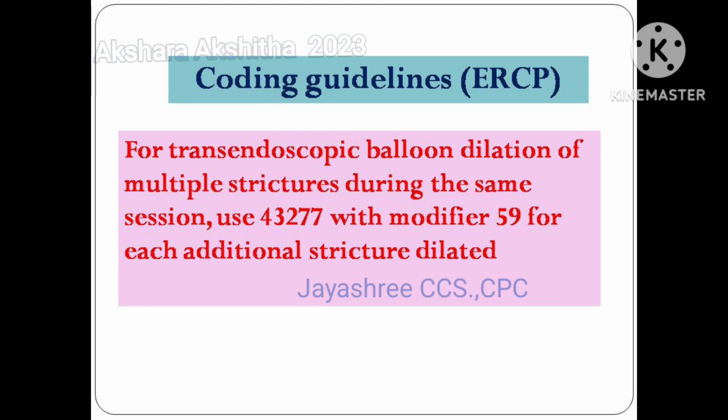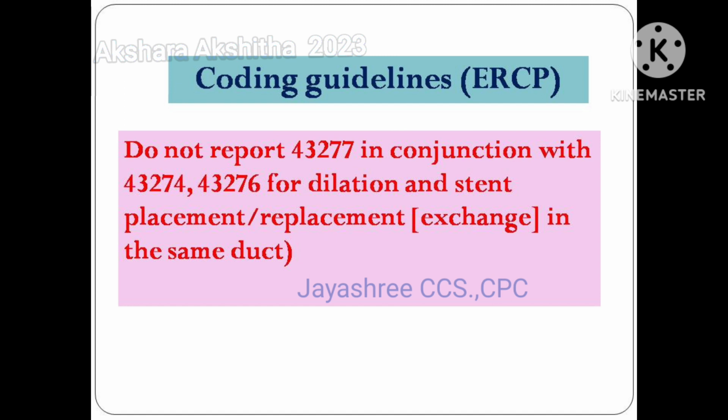Do not report 43277 with 43274 or 43276. I told you already, if it is same duct dilation and then replacement of stent, we cannot bill both together. We have to bill only the stent placement or stent replacement code if it is the same duct. If it is a different duct, we can code both with the 59 modifier.